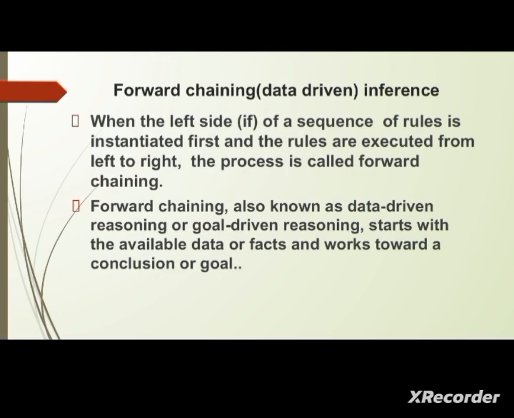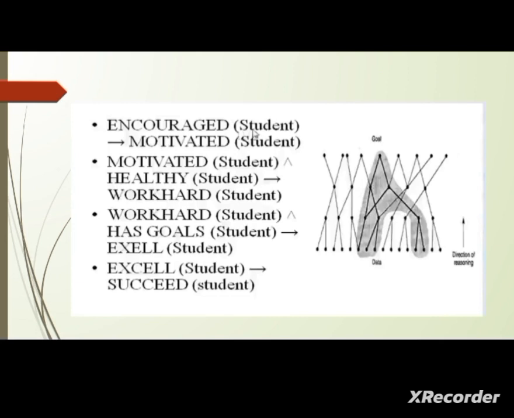So, for example, we encourage students implies motivated students. Then motivated students and healthy students implies hard-working students. Then hard-working students and students with goals implies excelling students. Finally, excelling students implies successful students.